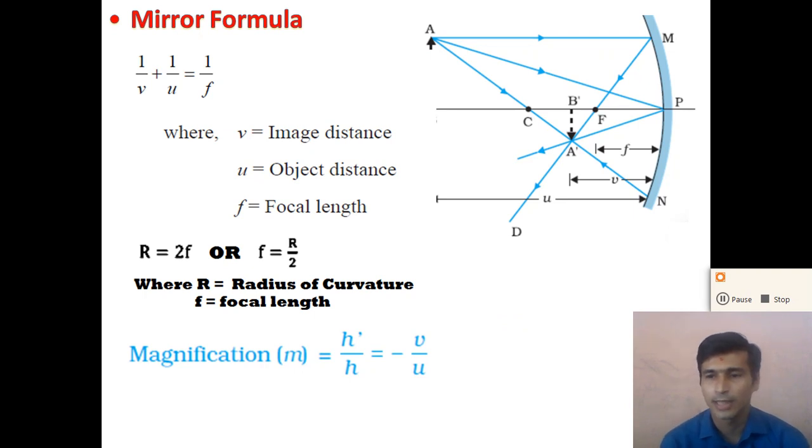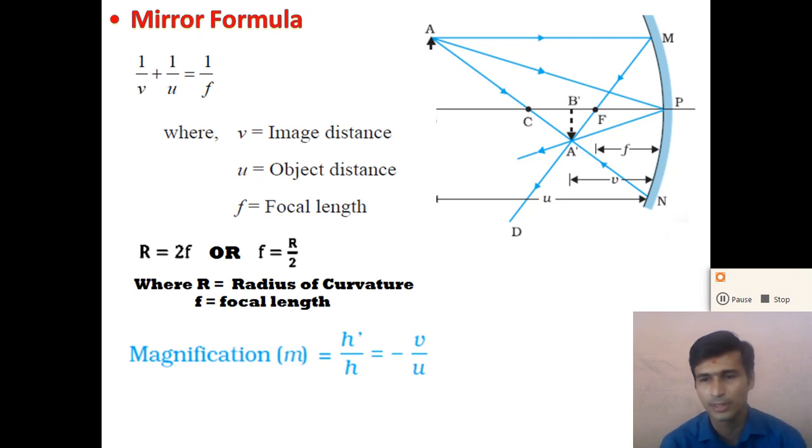And except this, you remember the sign convention for the concave mirror as well as the convex mirror. So some of the sign convention I revise here. For the concave mirror as well as the convex mirror, we take the object distance u always negative in the examples.